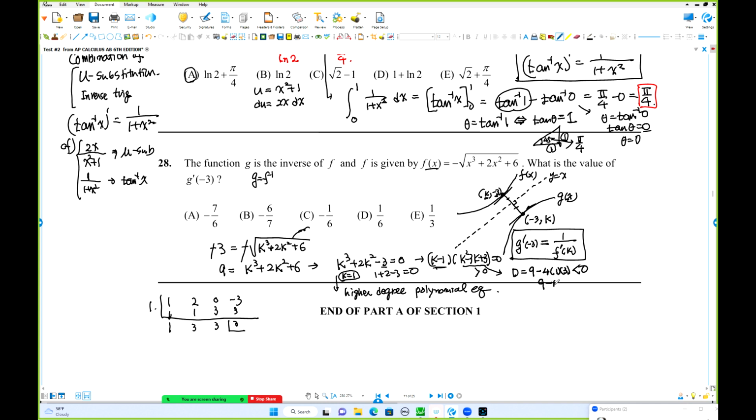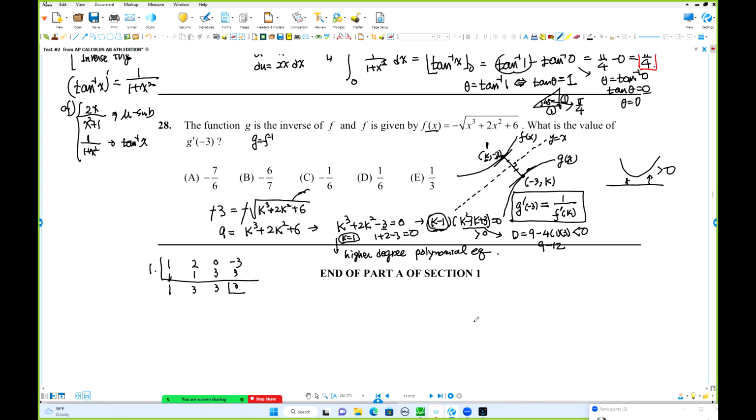That means imaginary roots. This value is always positive because it never touches the x-axis. So this factor can't be 0. Only k equals 1. So from here we find k equals 1. This is the hard one, that's why it is number 28.